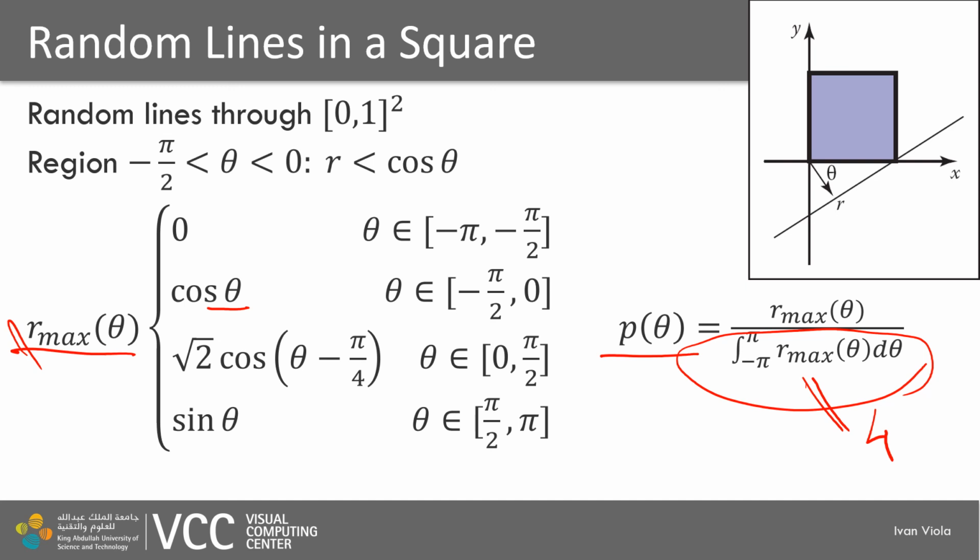So based on this, we can obtain the probability density function for uniform sampling of lines which go through this square 0, 0, 1, 1.